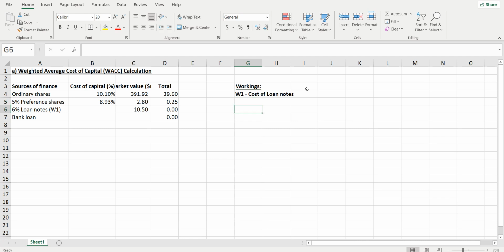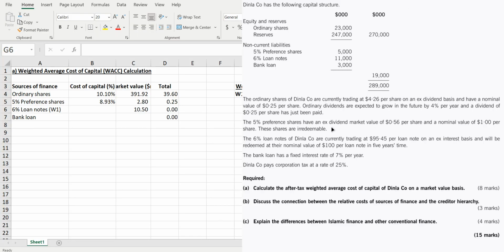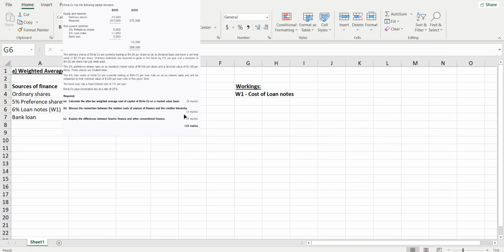So let's see the question. 6% loan notes of Dinla company currently trading at 95.45. Okay, so we'll do an IRR calculation.